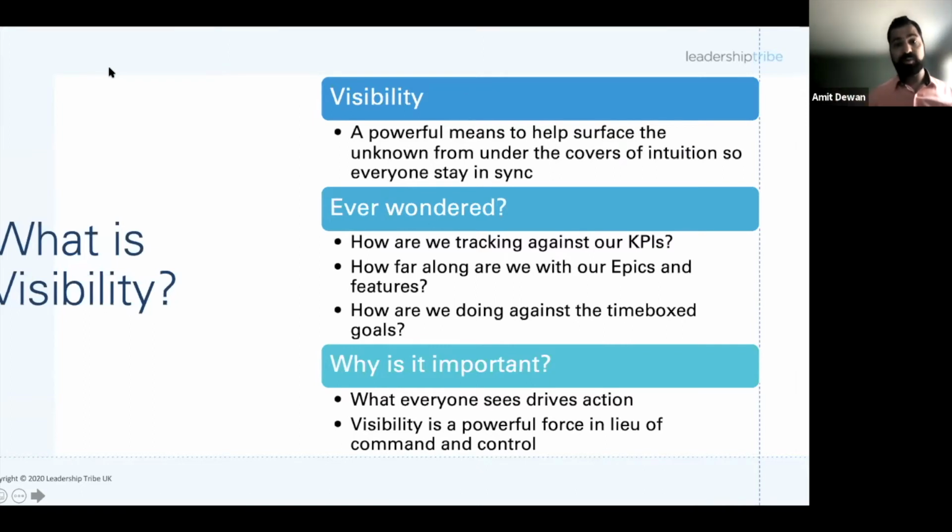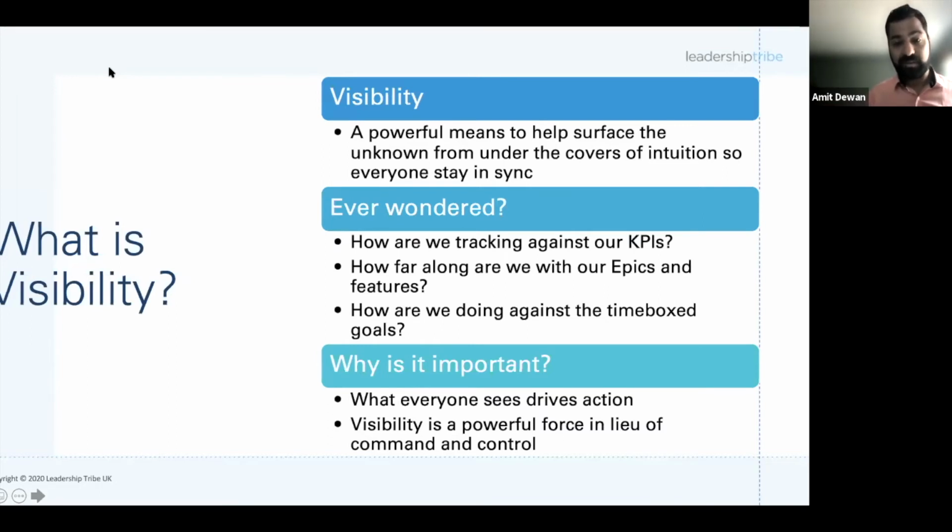So again, some of the questions here: have you ever wondered how we're tracking against our KPIs? You have a roadmap, and each roadmap item would have a KPI. Do we know how far along we are? Are we on track or not? How far along are we with our epics, features, stories? What's the overall contribution towards the larger goals?